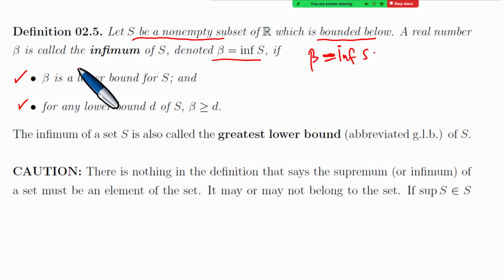A real number beta is called the infimum of S, denoted by beta equals the infimum of S. So when do we have this infimum here?